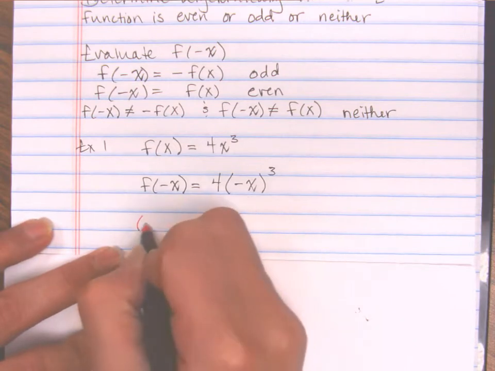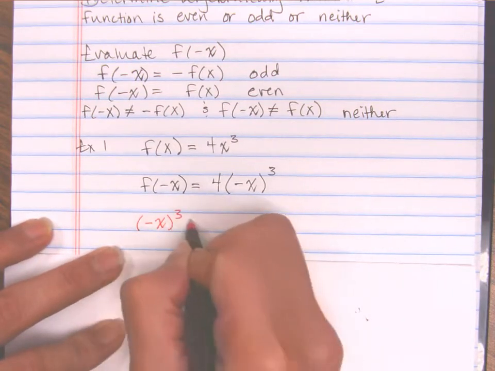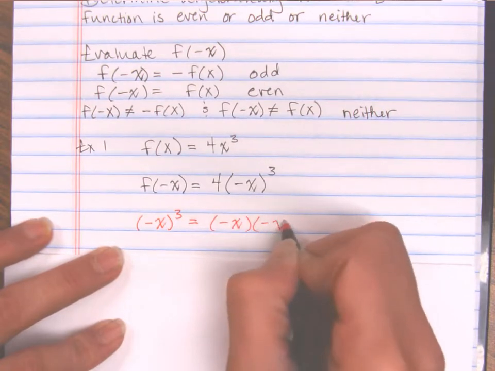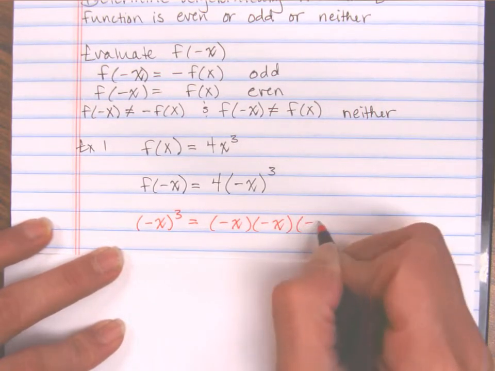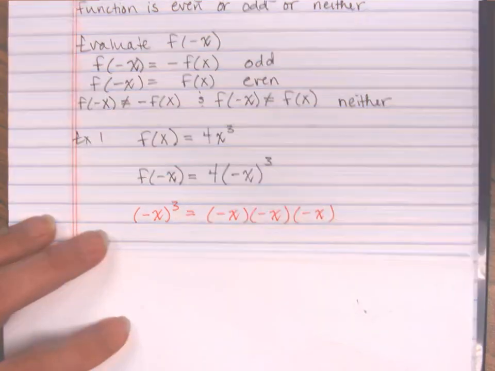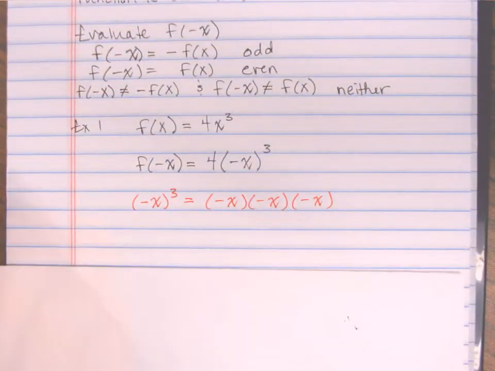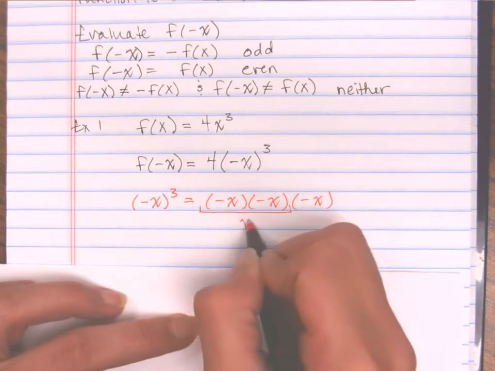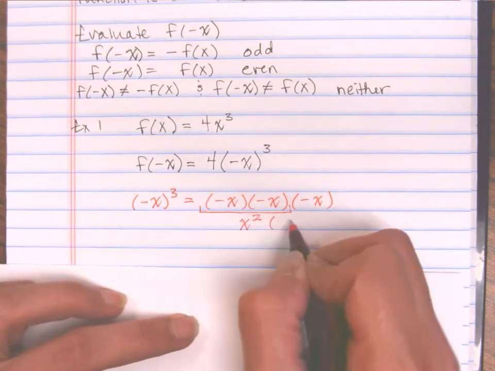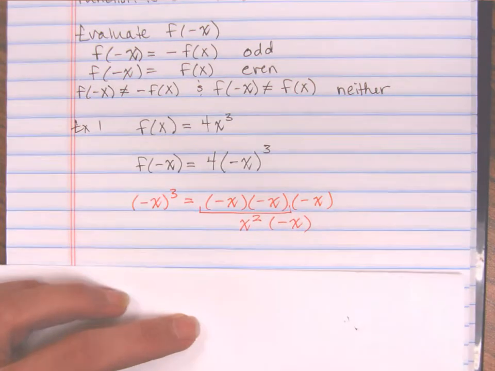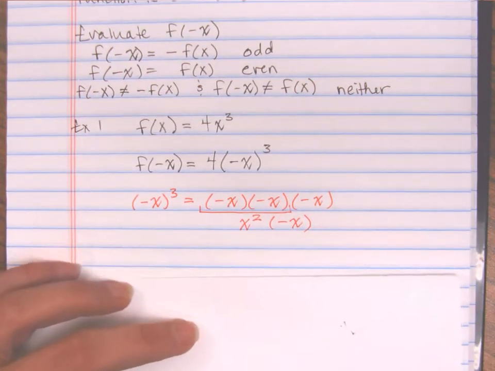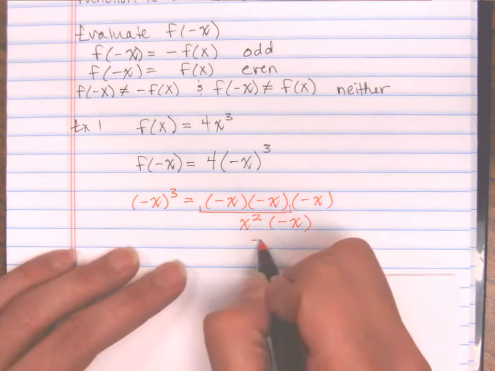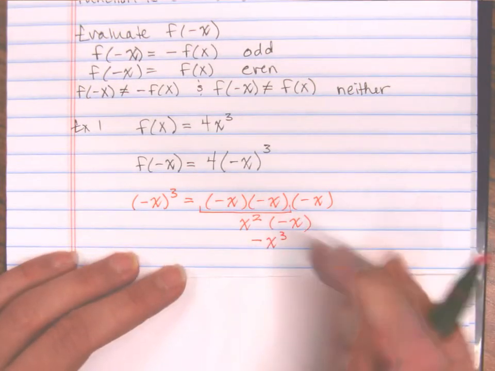Remember that negative x cubed is equal to negative x times negative x times negative x. If I were to multiply this out, these two would give me positive x squared, and I'd still be multiplying by negative x. And x squared times negative x gives me negative x cubed.